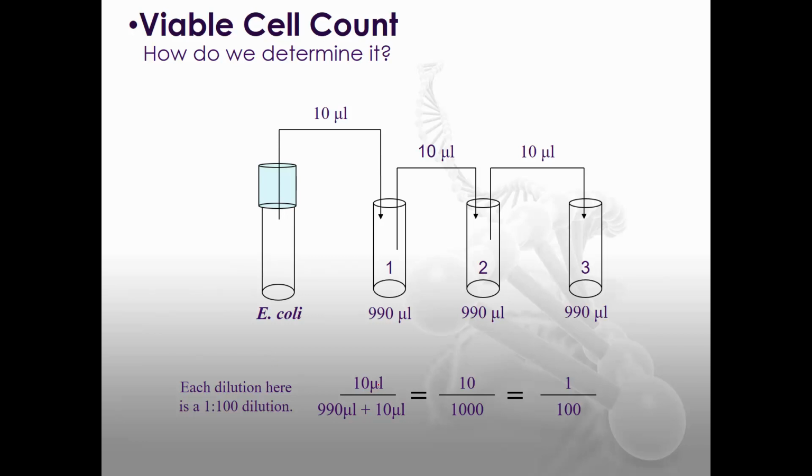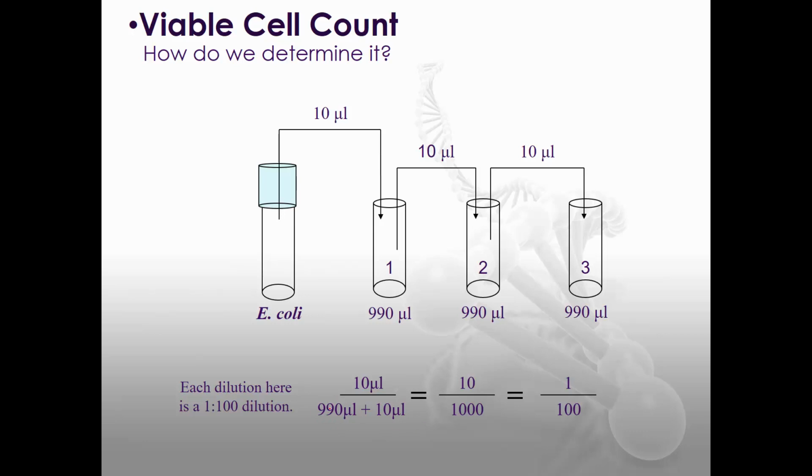You take what you're transferring, in this case 10 microliters, and you divide it by what you transferred it into plus what you transferred. So 10 microliters, that's what we're transferring. We're adding it to 990 microliters of diluent plus what we're transferring. So that's the total final volume. So the transfer volume over the total final volume.